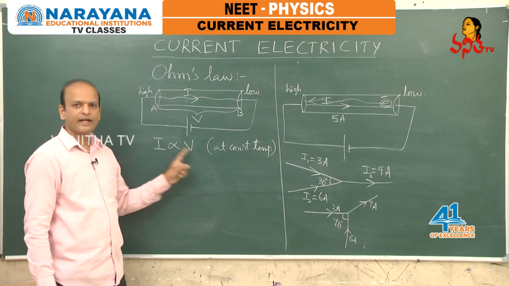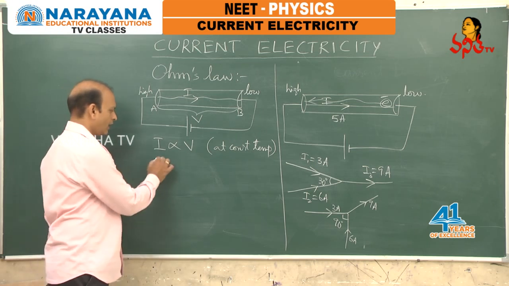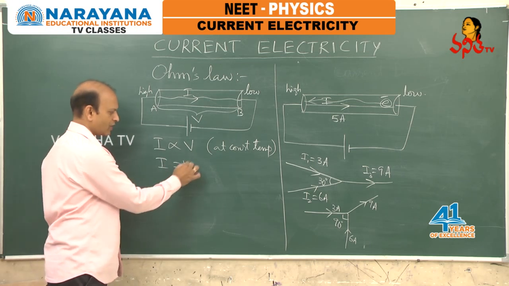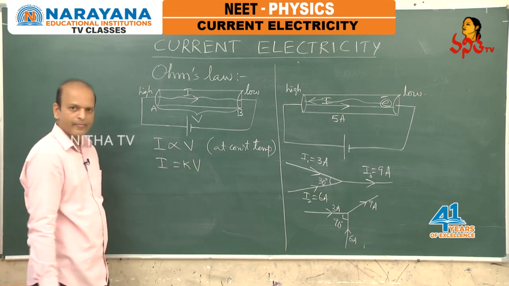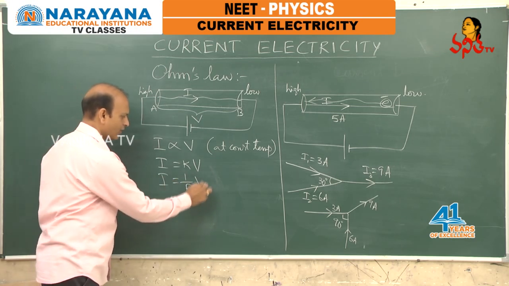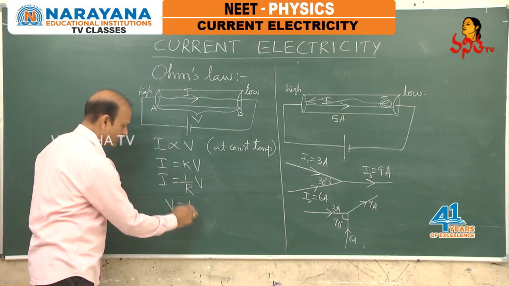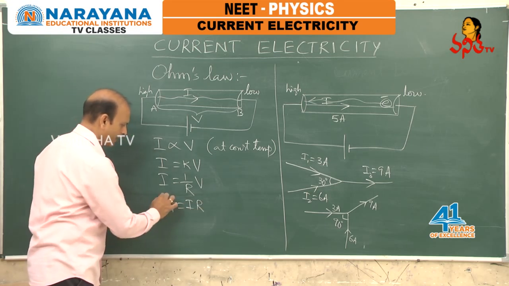So I is directly proportional to V. Removing the proportionality, we get the constant, which we call 1 by R. Then the equation can be written as V equals IR.